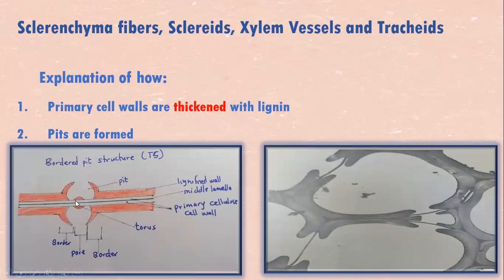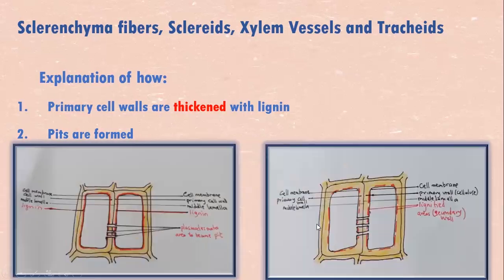Okay? Now, in the simple pits, the lignin is laid before the cell wall got thickened with cellulose. So the area where the lignin is, the primary cell walls are thin. Okay, well, this is also a bordered pit in electron micrograph, shown with electron micrograph.